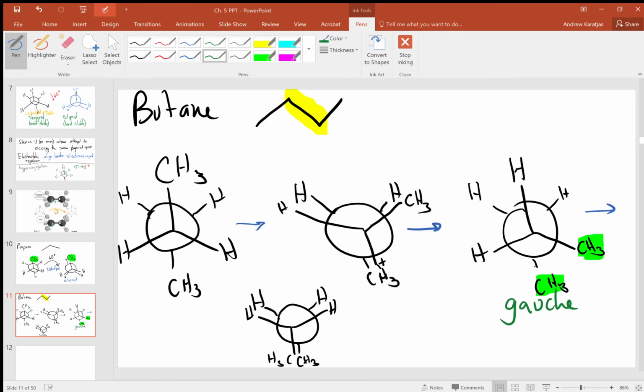And while that's not as bad as an eclipsing interaction, it's still less than ideal. And so this gauche conformation is going to be less stable than this conformation on the left, when the methyl groups are completely opposite each other. This is called anti-periplanar, and this is the most stable conformation for butane.